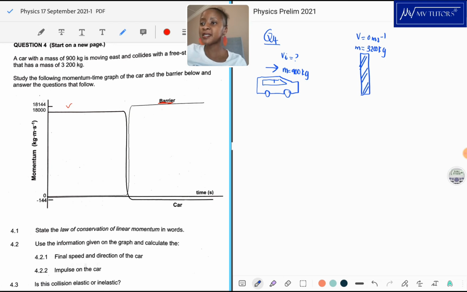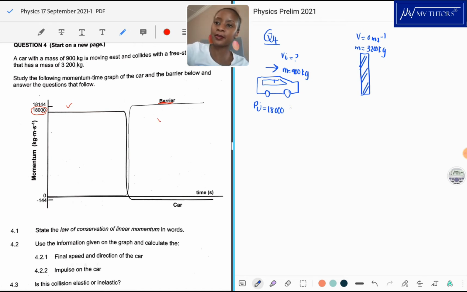We can see that initially its momentum is 18,000 kilogram meters per second. And we can see that initially the barrier has a momentum of 0, and that makes sense because it's not moving.